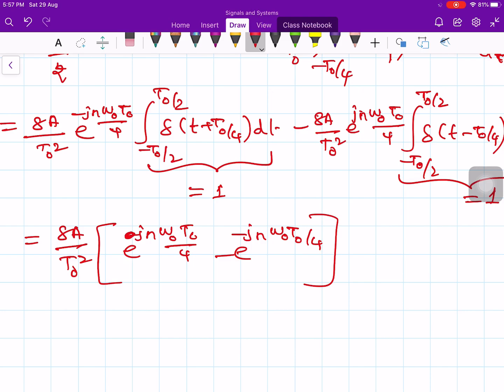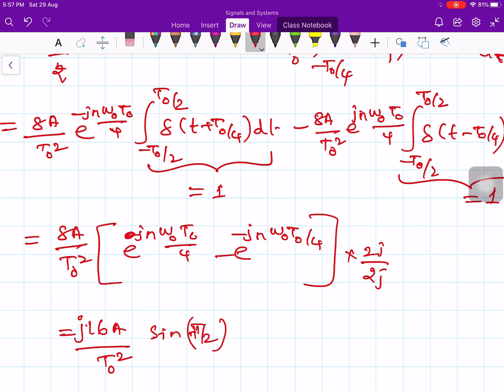So this is equal to, maybe you can multiply 2j by 2j both in the numerator and denominator, right? So therefore 2 times 8 is 16, j, 16 times a over t naught squared multiplied by, this is sine, so sine of n omega naught t naught by 4 becomes pi by 2, so this is sine n pi by 2.